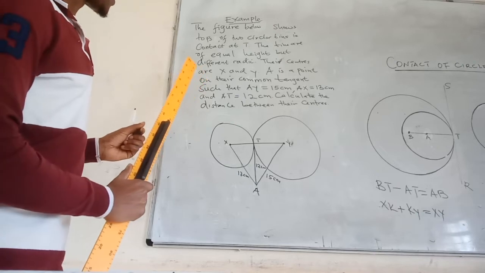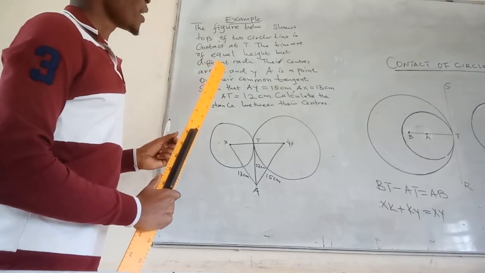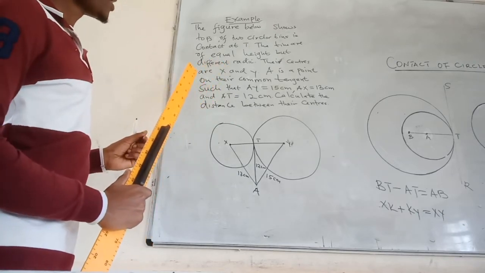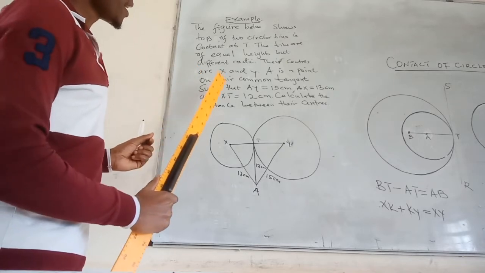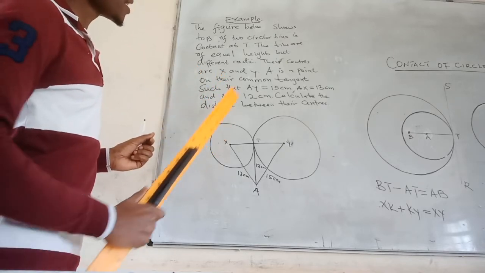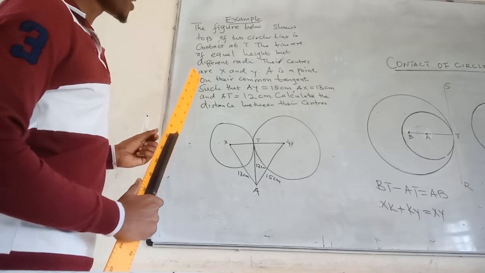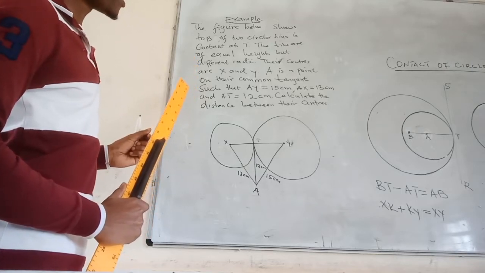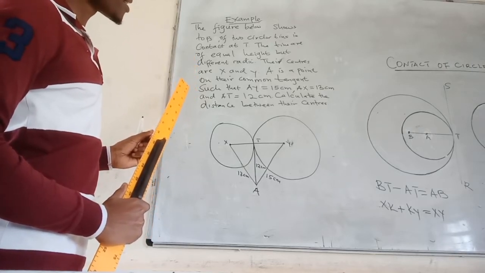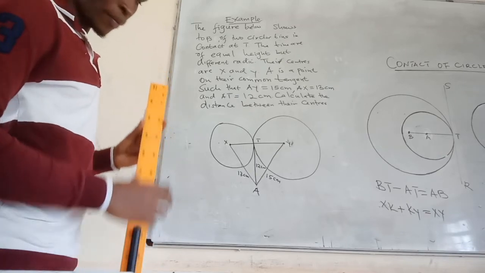The centers are X and Y. A is a point on their common tangent such that AY is 15 centimeters, AX is 13 centimeters, and AT is 12 centimeters. Calculate the distance between their centers.